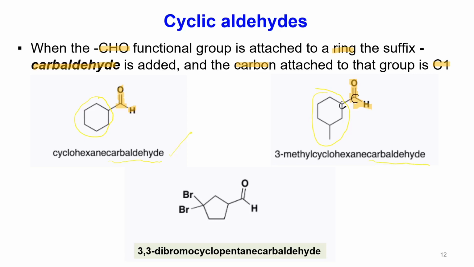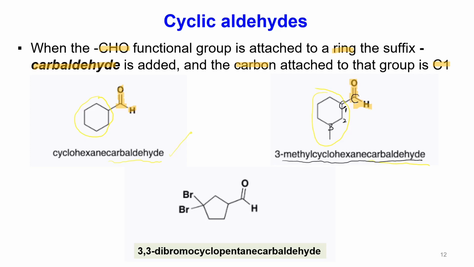This carbon is carbon number 1, which is directly attached to the carbon double bonded to oxygen. So carbon number 1 here, carbon number 2, and carbon number 3. So the name for this substituent group is 3-methyl. So the IUPAC name given is 3-methyl cyclohexane carbaldehyde.